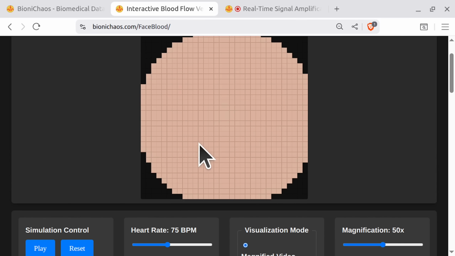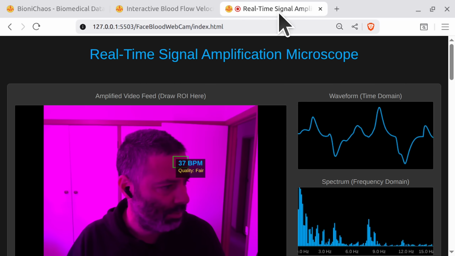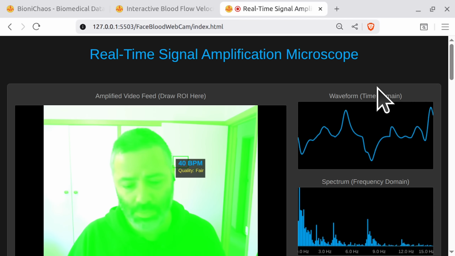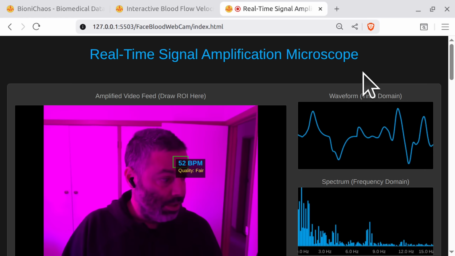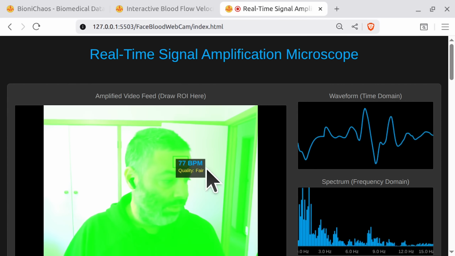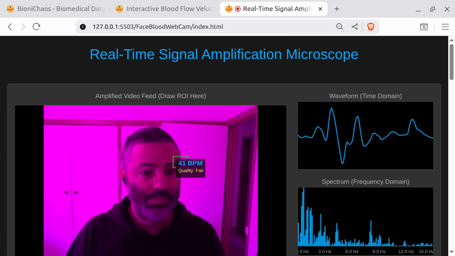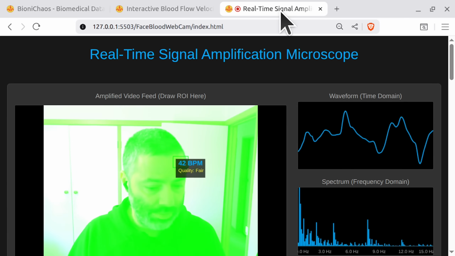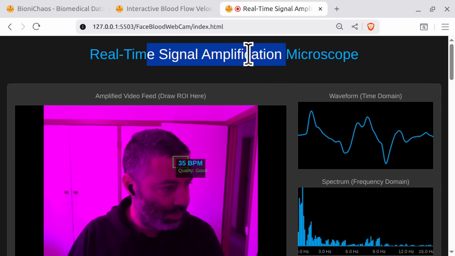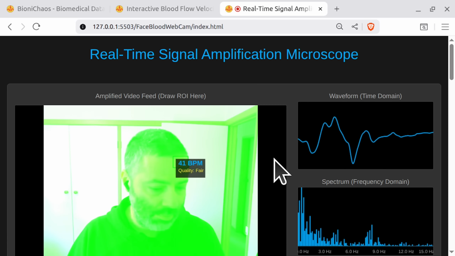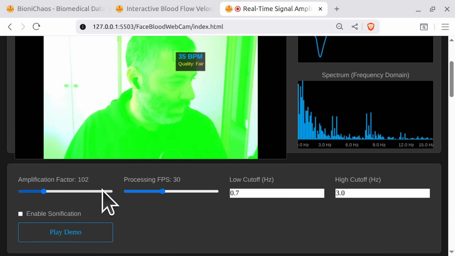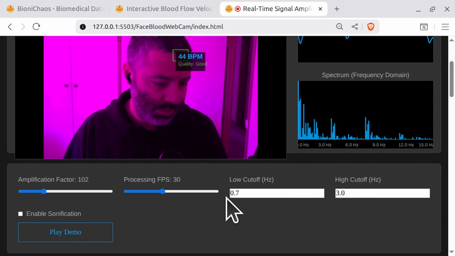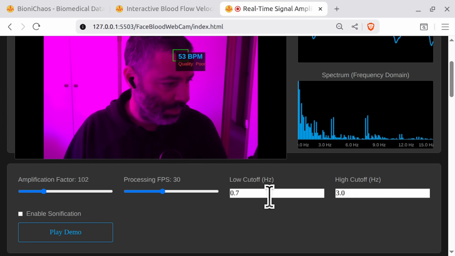Okay, so what we currently have, this one's published. I published the other stuff. So there will be essentially two versions with synthetic data. And then there will be one that can actually activate your camera and do real-time processing. Amplify the signal, process at whatever frames per second.